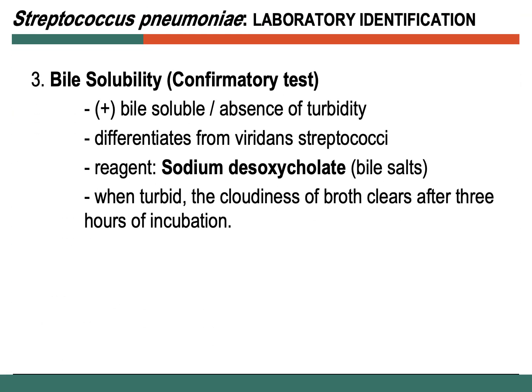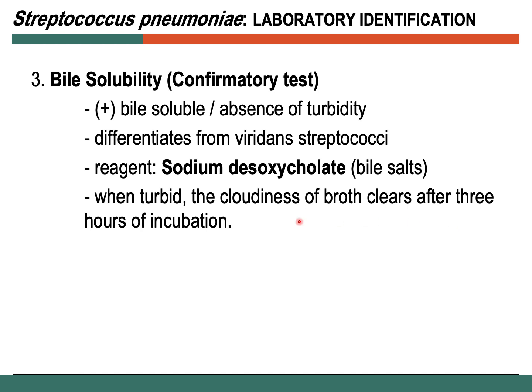Another test is your bile solubility. Bile solubility is considered a confirmatory test. Positive bile solubility is the absence of turbidity. This test also differentiates from viridans streptococci. The reagent usually is sodium deoxycholate or your bile salts. When turbid, the cloudiness of the broth clears after 3 hours of incubation.